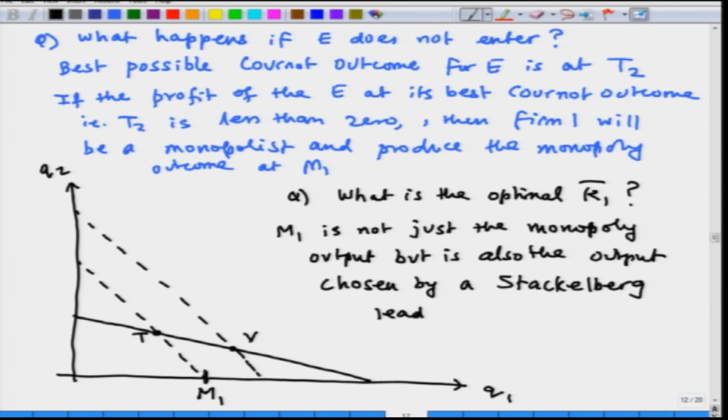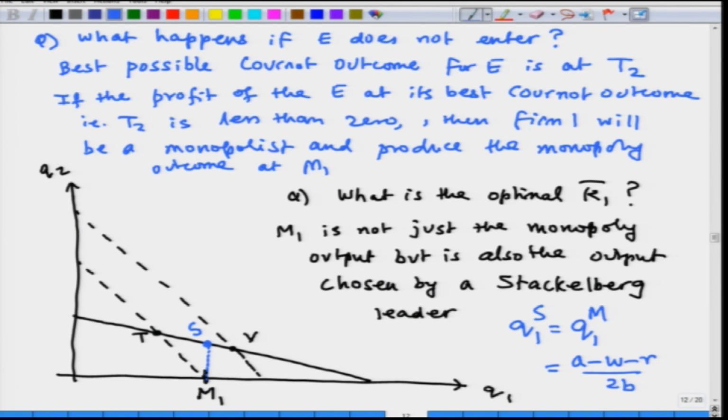So, the Stackelberg output, we have seen in the last lecture, is (A minus C) by 2B, where the marginal cost was C and the inverse demand curve was P equals A minus B (Q1 plus Q2), which was exactly equal to the monopoly output. So, this M1 is not just the monopoly output, in our case it is (A minus W minus R) divided by 2B, it is also the output which is chosen by the Stackelberg leader. So, I will mention an S here to denote that Q1S is exactly equal to Q1M, which in our case is (A minus W minus R) divided by 2B. So, that is an important part.